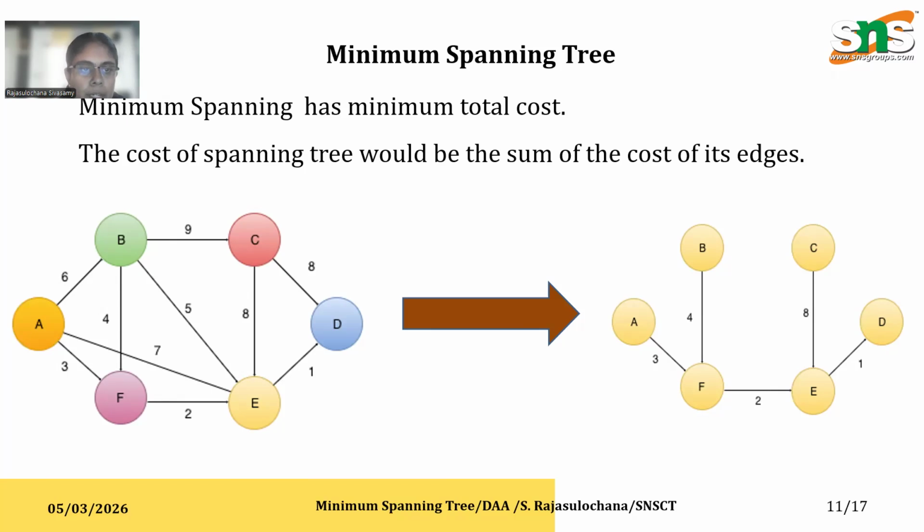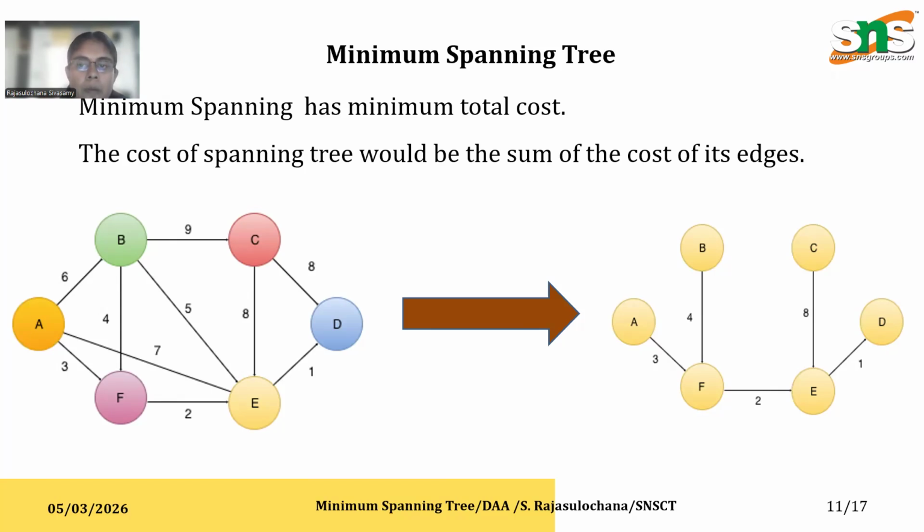Next, BE has cost 5, but it forms a cycle BFE, so you discard it. Similarly, AB forms a cycle A, B, F, so it is discarded. Likewise, the edges AE, CE, and CD form cycles, so they are discarded.